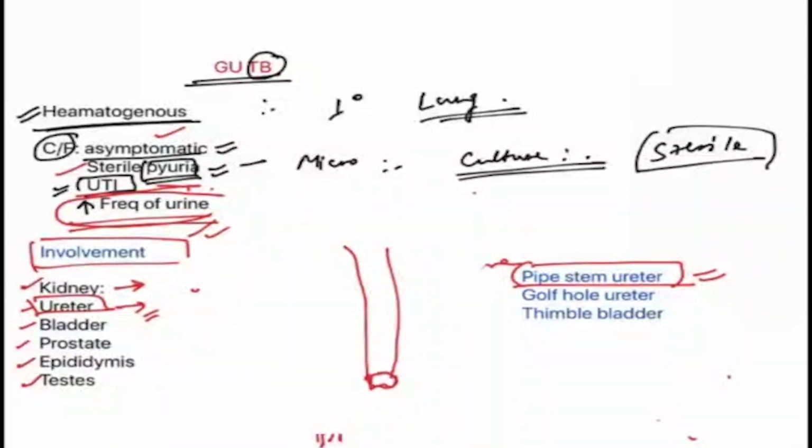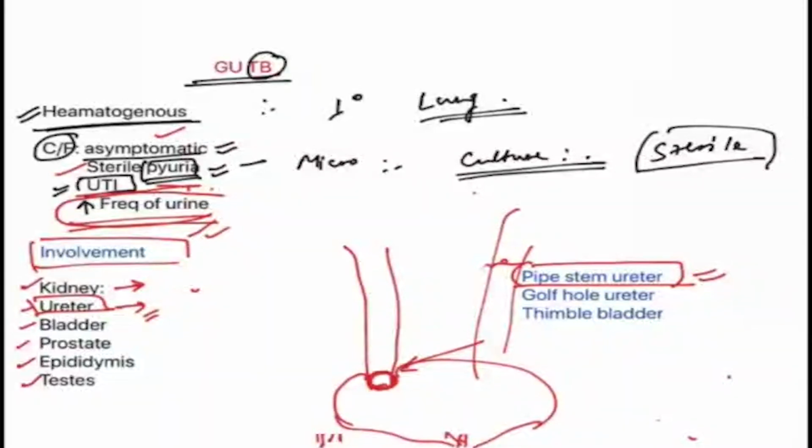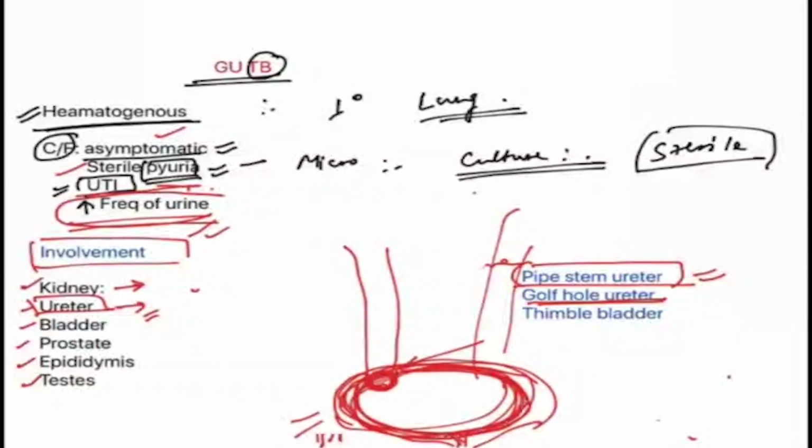When the lower end of ureter, where the ureteric orifice is present, also gets infected, that is, inflammation reaches there, then on cystoscopic examination we see that the opening is like a golf hole. So this is known as golf hole ureter. And as I told you, when the urinary bladder is involved, then after fibrosis and healing, the capacity of the urinary bladder is decreased, and this is known as thimble bladder.